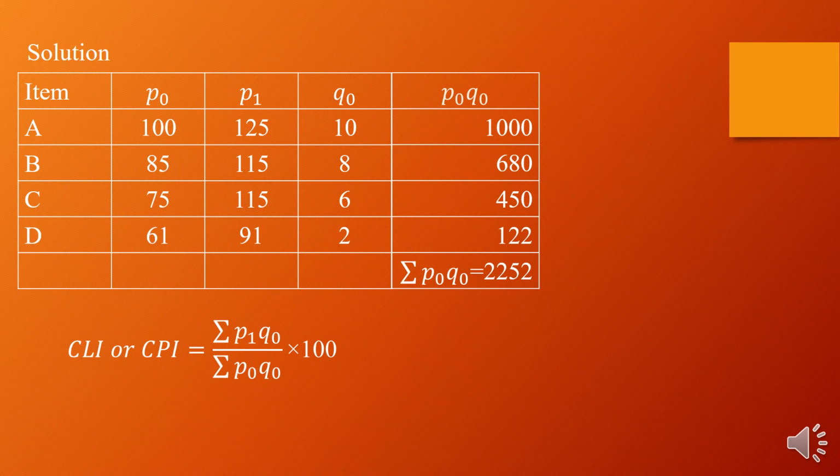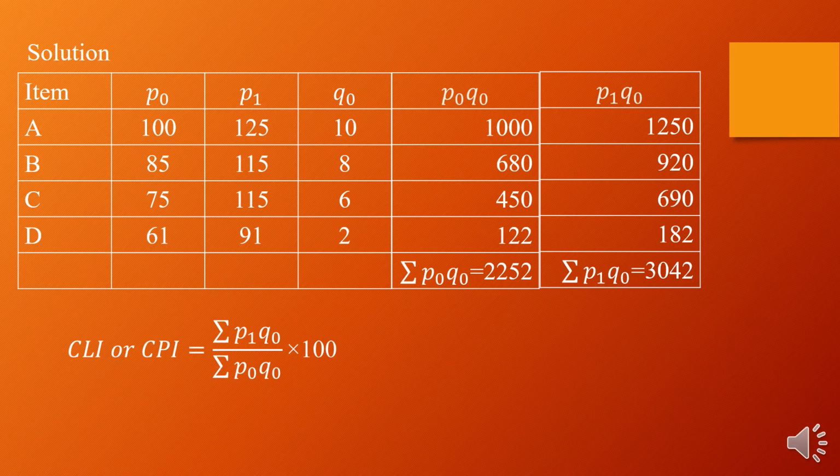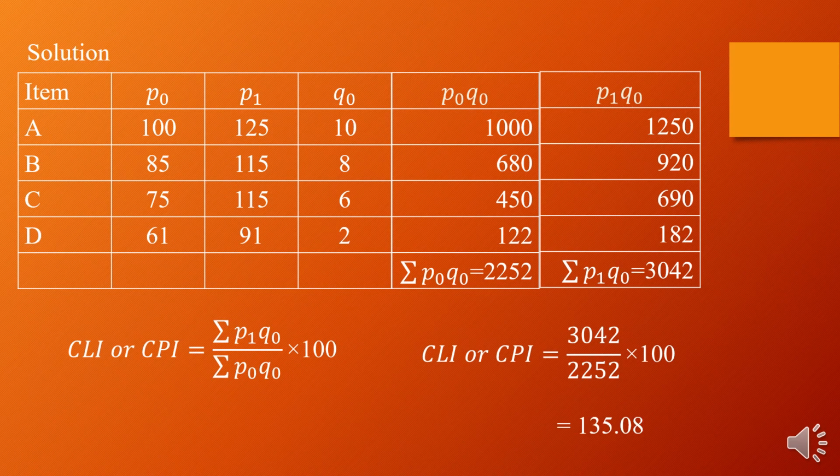Similarly we need the sum of P1 Q0: 1250, 920, 690, 182, and the sum of them is 3042. Now let us put them into the formula. The sum of P1 Q0 is 3042 divided by the sum of P0 Q0, which is 2252, multiplied by 100, and therefore the consumer price index number is 135.08.